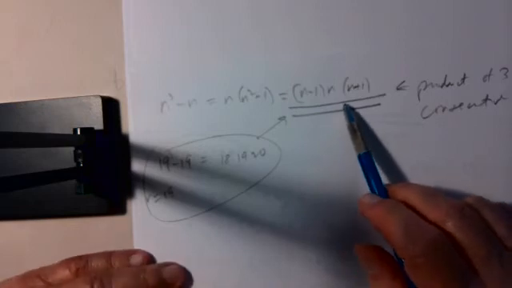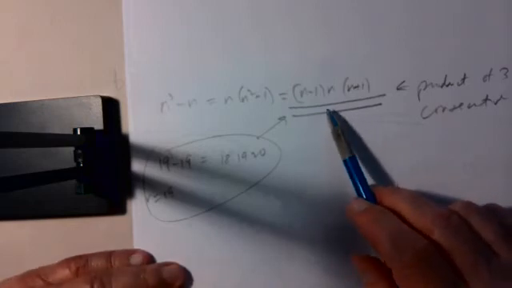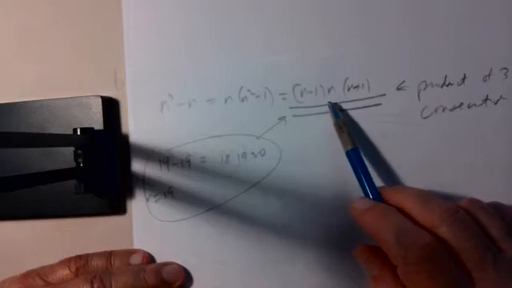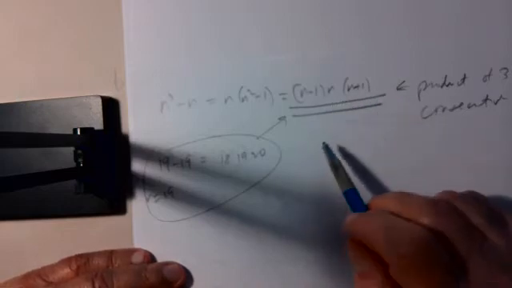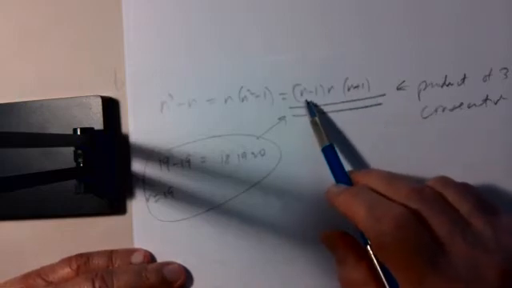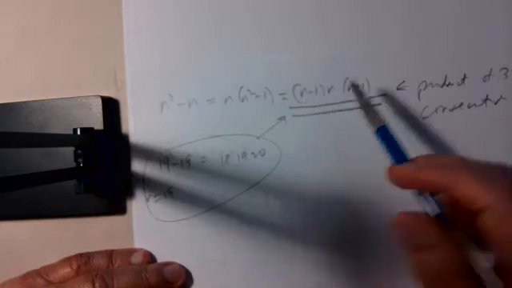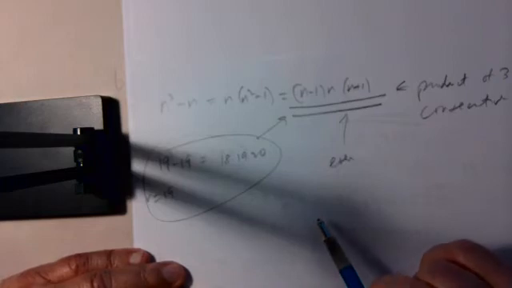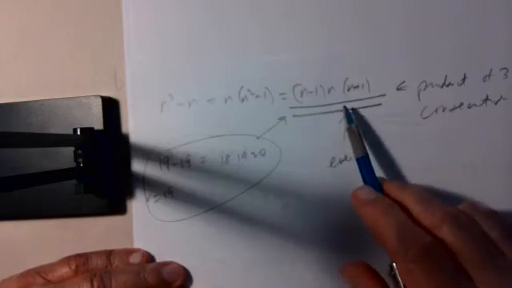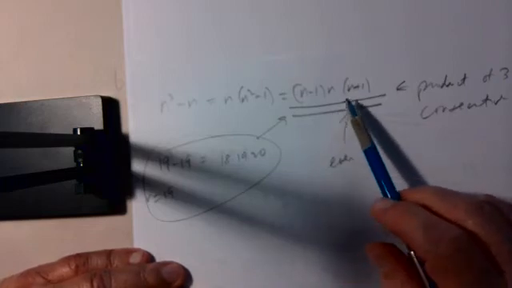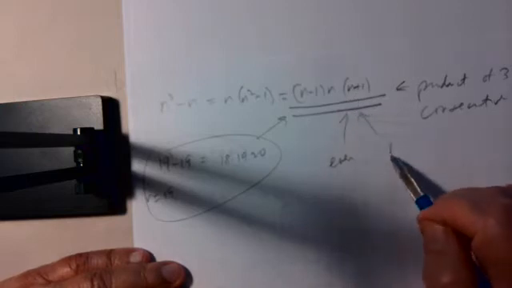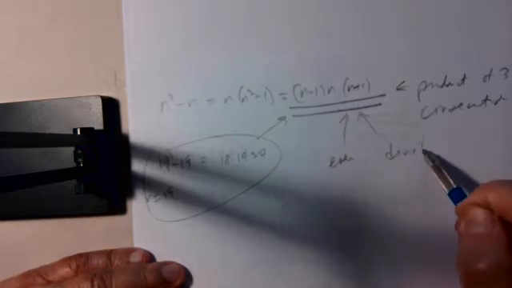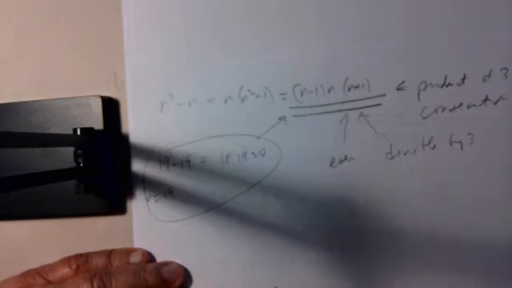And what can you say about 3 consecutive numbers? Well, first of all, any 2 consecutive numbers is even, so one of these numbers is even. But the other thing you can say about 3 consecutive numbers is one of them is also divisible by 3.